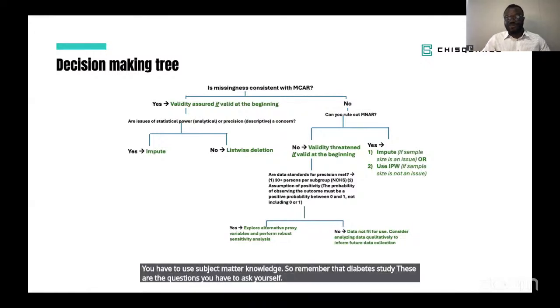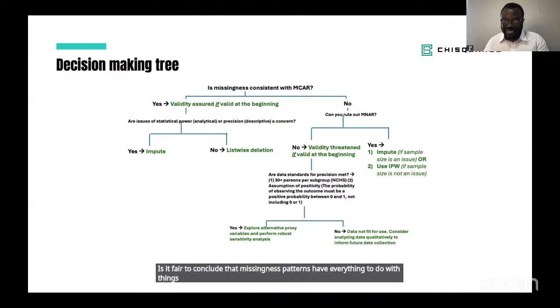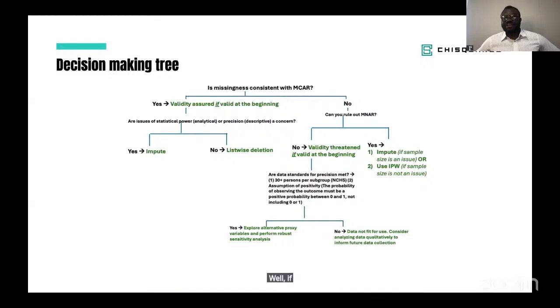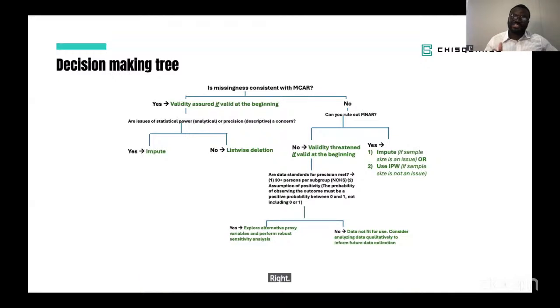These are the questions you have to ask yourself. Is it fair to conclude that the missingness patterns have everything to do with things inside my data set, but nothing to do with things outside the data set? Well, if you cannot answer that question, then that is dead on arrival. You cannot use IPW, you cannot use multiple imputation, you cannot use any of those techniques, because they're all hinging on the data missing at random.